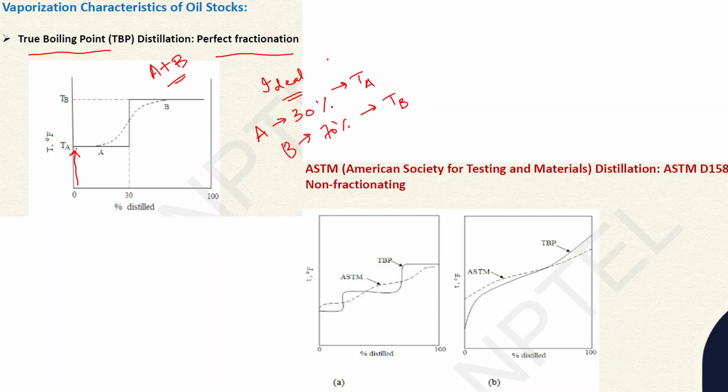When we increase the temperature and the boiling point of A comes, then A starts to vaporize and we can extract A. After the consumption of A completely, the temperature again starts to rise, and when it reaches the boiling point of B, then B starts to come out. This is basically 30% of A completely extracted, then B starts to come out, and then the remaining 70% of B comes out.